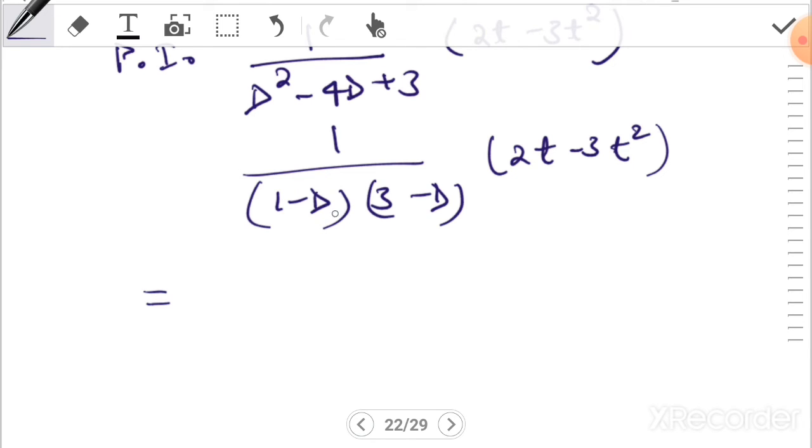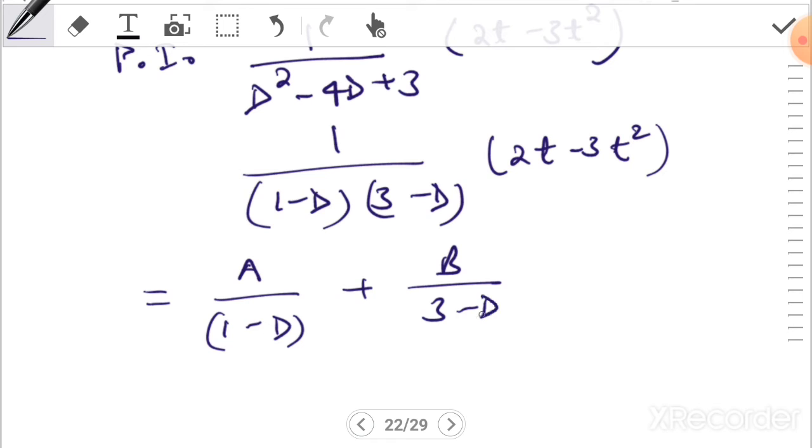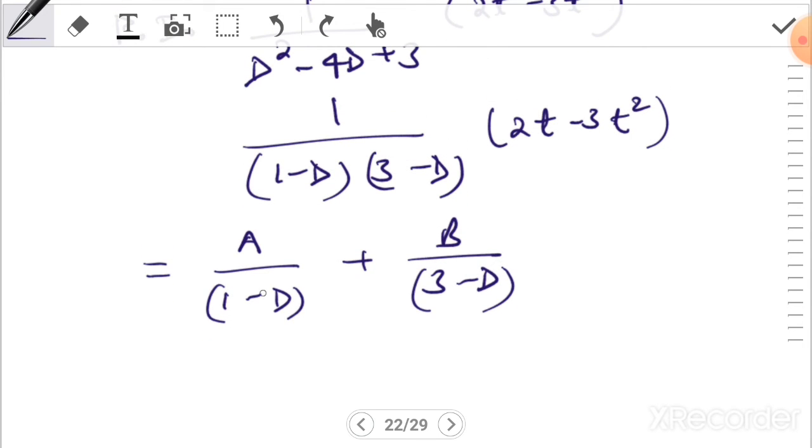Again, we can find A and B such that this is equal to A by (1 minus D) plus B by (3 minus D). For A, multiply by 1 minus D and put D equal to 1.